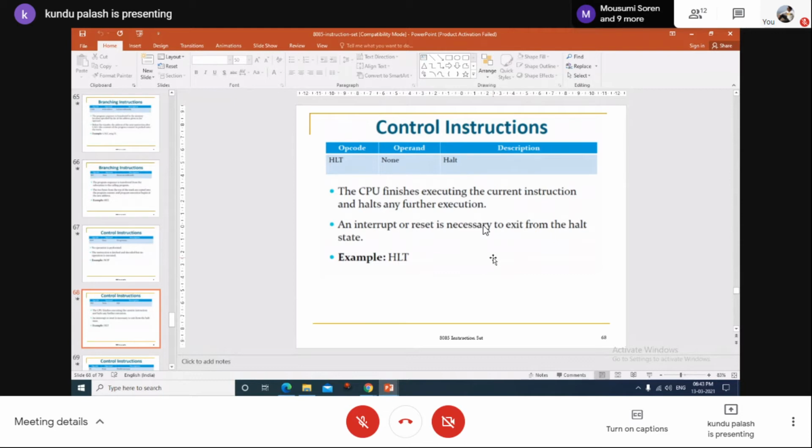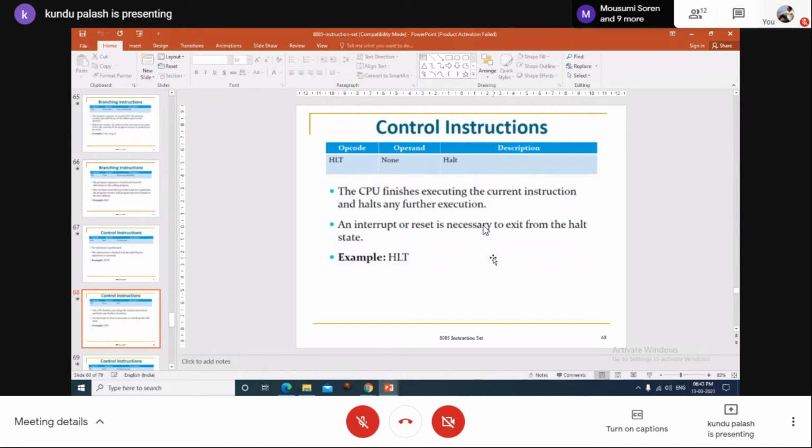A memory location in an absolute way, 2500 hex. So load the content of memory location 2500 to the accumulator. That is the meaning of the instruction. It is a data transfer instruction. This type of addressing mode is called the direct addressing mode. That means in this mode, the address of the operand, 2500, is given in the instruction itself. The operand is nothing but a memory address, 2500.